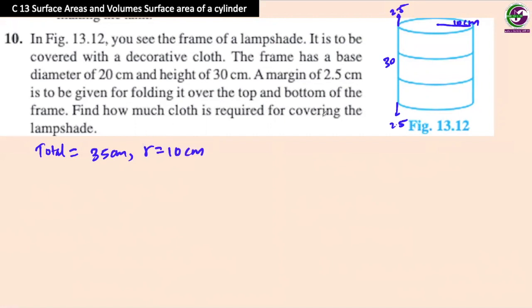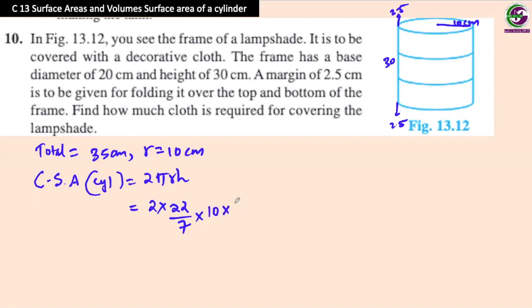Find how much of cloth is required for covering, which means we are only covering curved surface area of the cylinder, which is 2 pi r h, which is equal to 2 times 22 by 7 times radius is 10 times the height is 35. This is to be taken carefully because they gave 30, but we have to consider 35 for folding up and down.